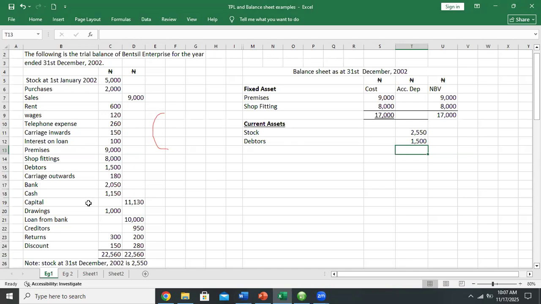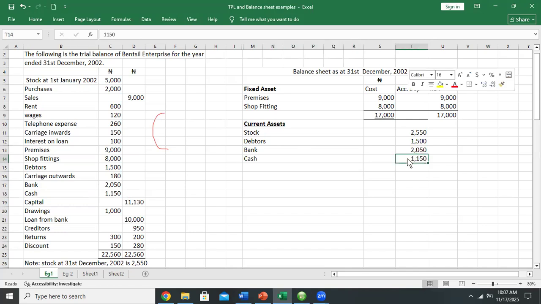So those two elements are not in this question. So you look out for your bank and cash, and there we have them. The bank, which is 2,050, then we have the cash, which is 1,150. Great. And that's all.